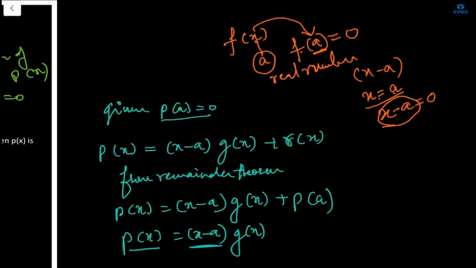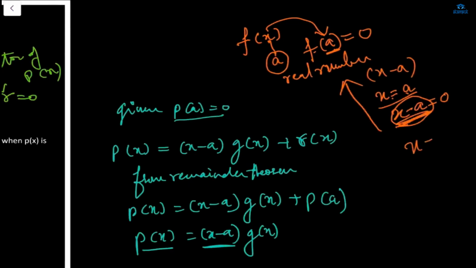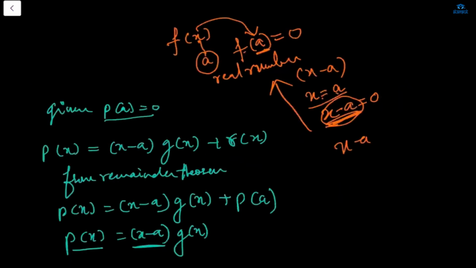Similarly, two conditions are there, and otherwise vice versa, that if x minus a, now we will go from the bottom, if x minus a is a factor of the polynomial, then f(a) is equal to 0. If x minus a is a factor, that means if you are going to divide by x minus a, it will give 0.